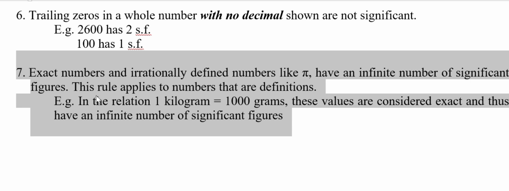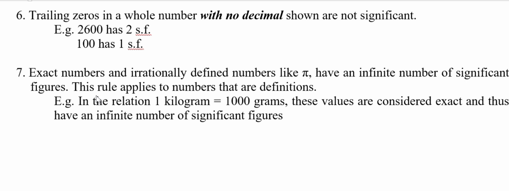So we have an example here. If we take the relationship between kilograms and grams, we know 1 kilogram has 1,000 grams. So this is an equation, or these are numbers expressing a relation. In that case, they have an infinite number of significant figures.